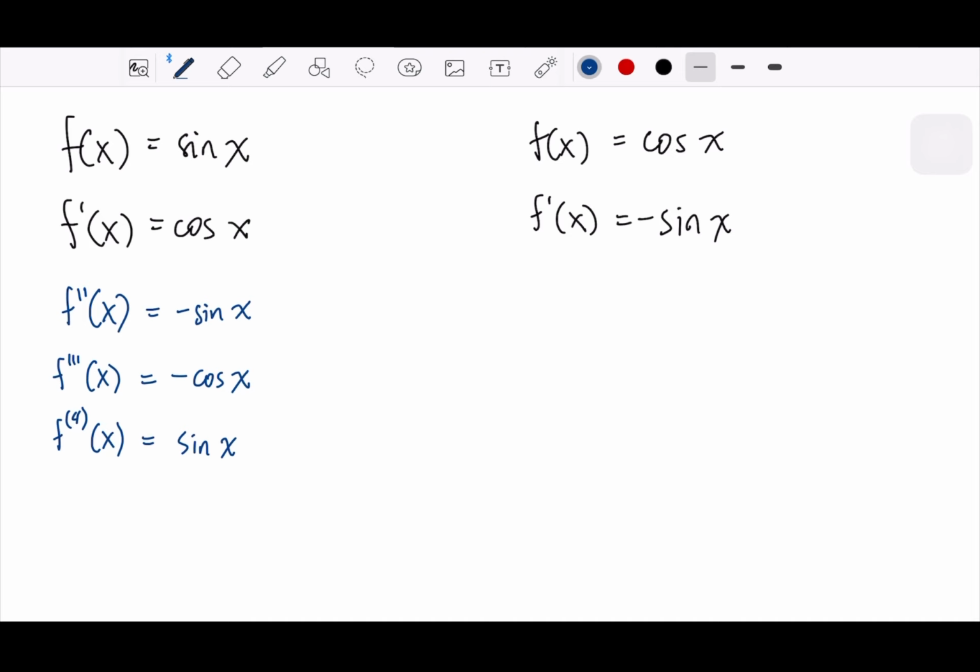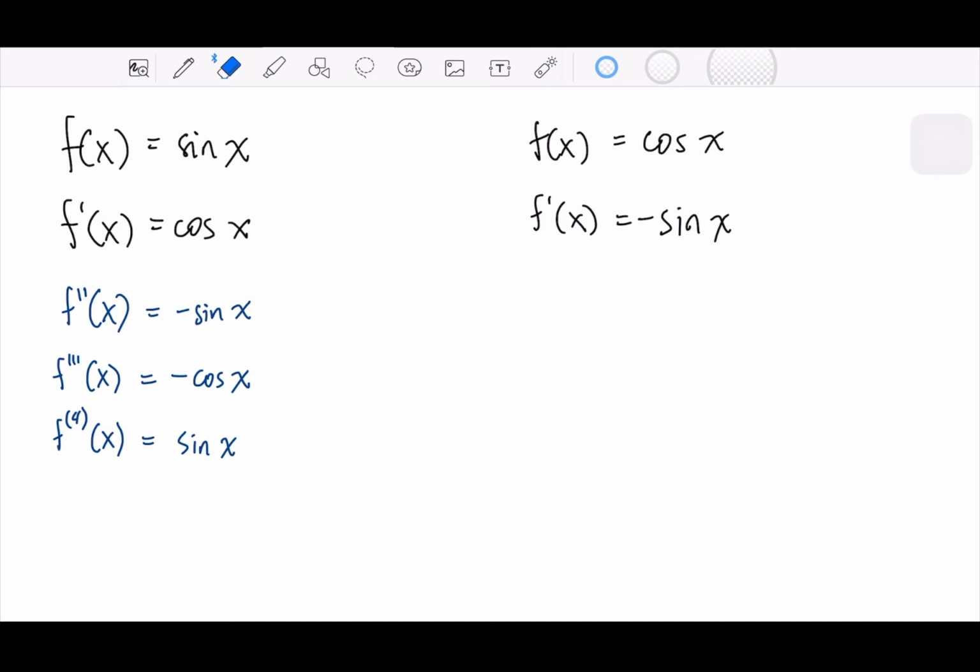Or if you take, let's say, 24, it is still a factor of 4, so it goes back to sine. 25 probably goes to cosine, and 26 goes here. Got the idea.